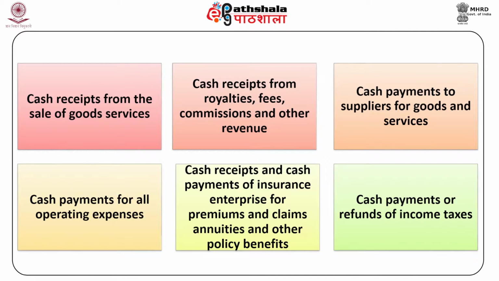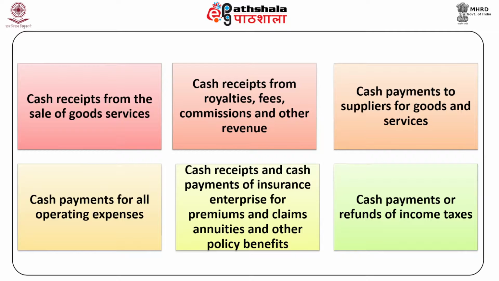Examples of this kind of cash flows are the following. A. Cash receipts from the sale of goods and services. B. Cash receipts from royalties, fees, commissions and other revenue. C. Cash payments to suppliers for goods and services.